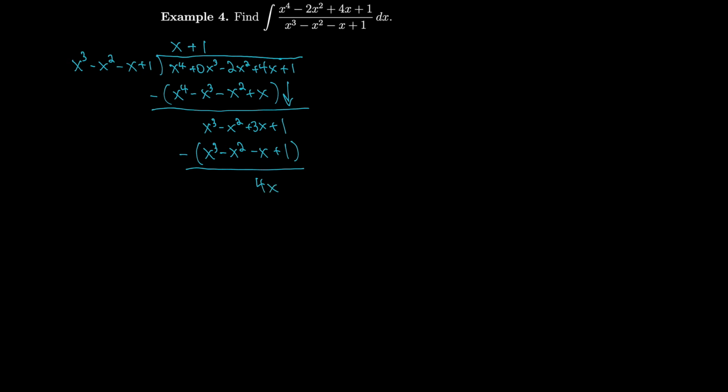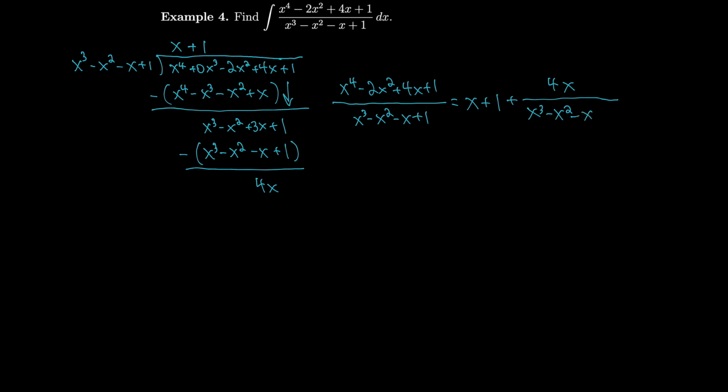So it looks like x to the 4th minus 2x squared plus 4x plus 1 divided by x cubed minus x squared minus x plus 1 is equal to x plus 1 plus our remainder 4x over our quotient x cubed minus x squared minus x plus 1.